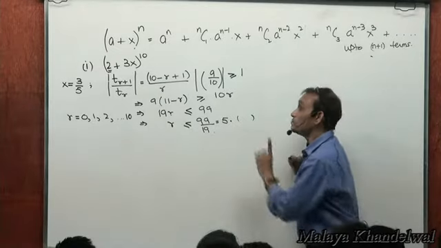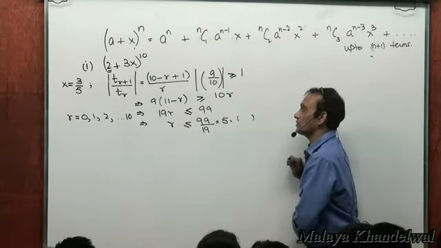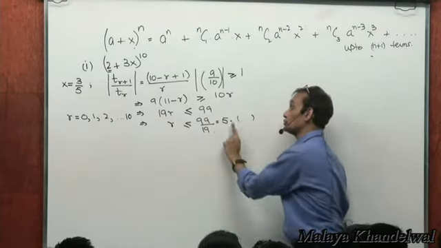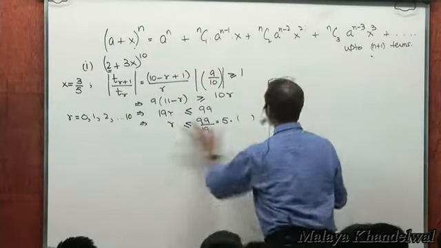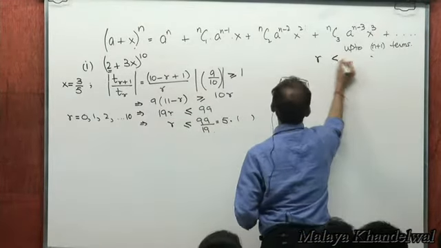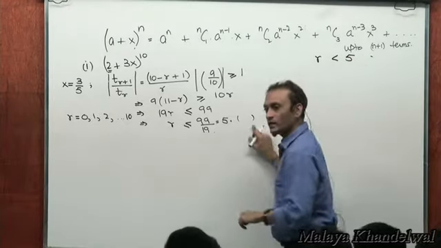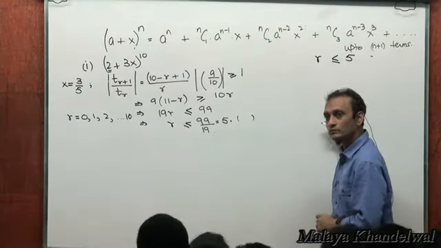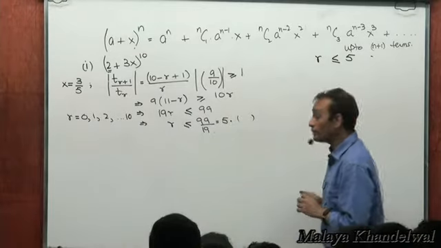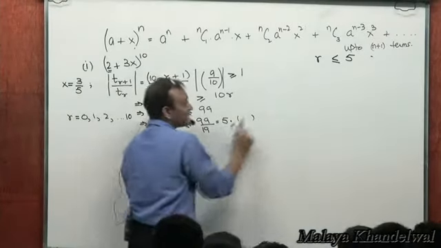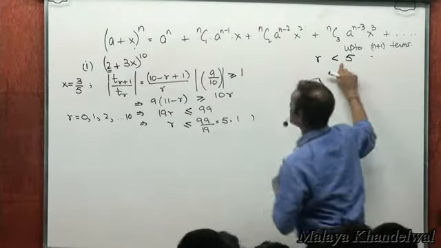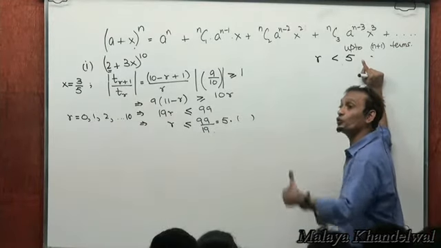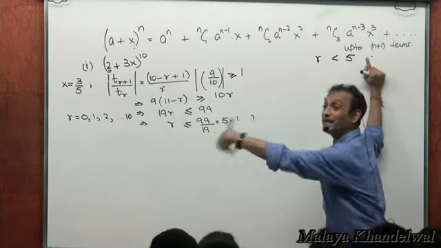So what is the maximum value of r for which the next term will be greater than the previous term? 5. So can I say that if r is less than or equal to 5 point something, t(r+1) will be greater than t(r)?